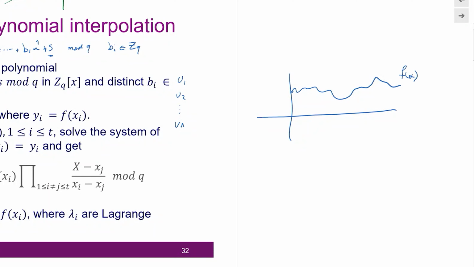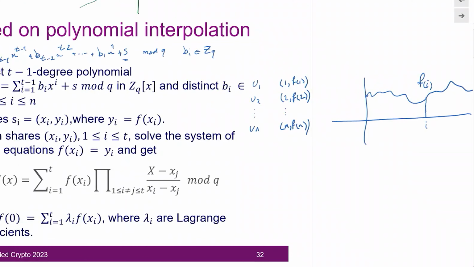Of course, it is mod q, so we cannot really plot it; it would be basically some dots. But let's just imagine that we can plot it. For user 1, compute 1 and f of 1, then 2 and f of 2, and so on and so forth, up to f of n. So for user i, I compute f of i, and that will be the piece of share for this user i.